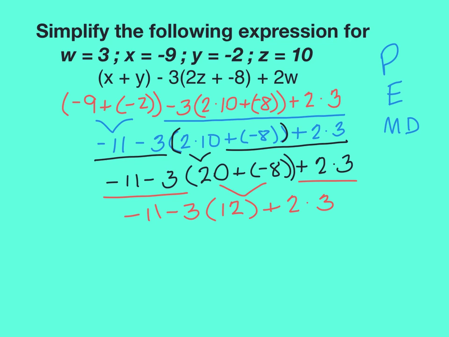That brings me to multiplication and division in order from left to right. So as I go across the problem, the first thing I run into is 3 times 12. I should know my 12 tables. That's 36.